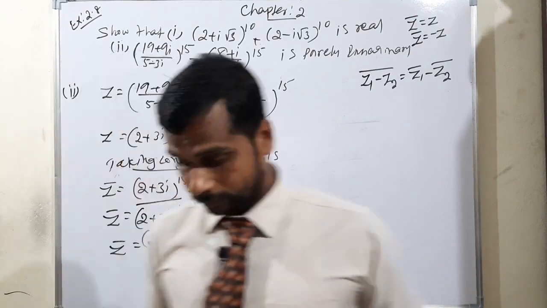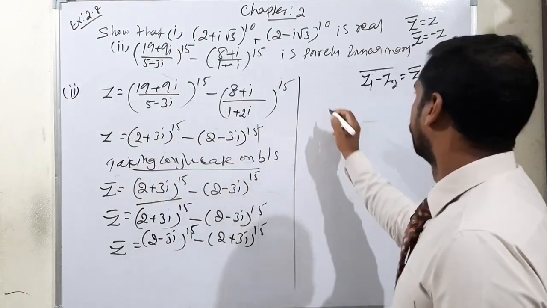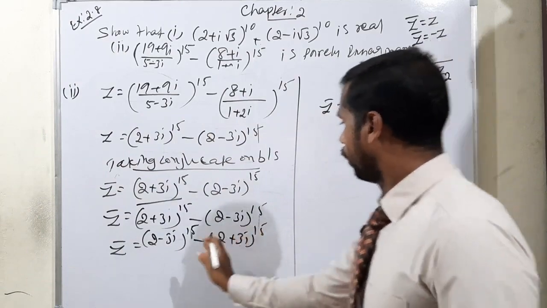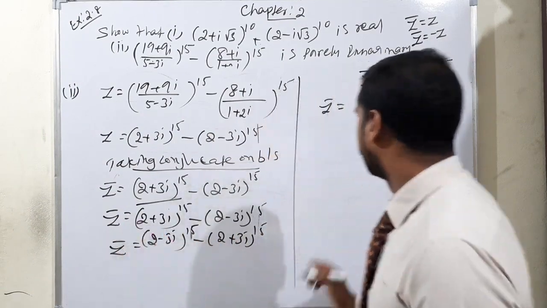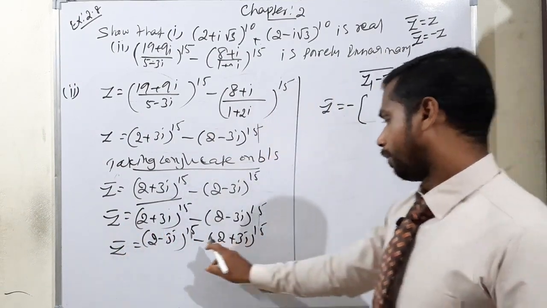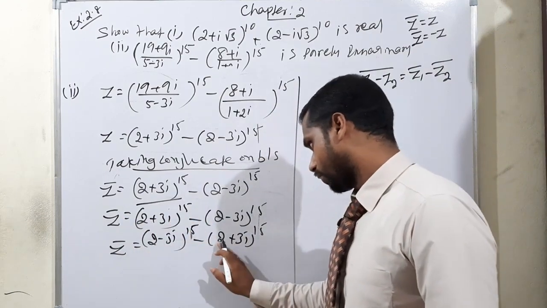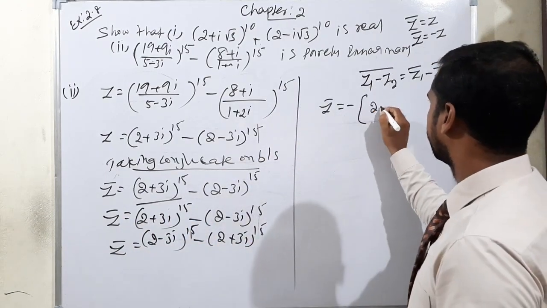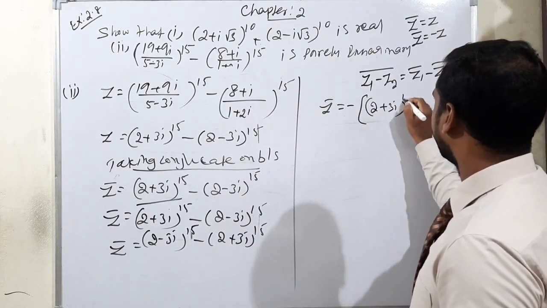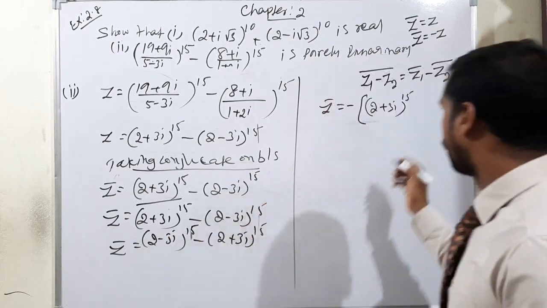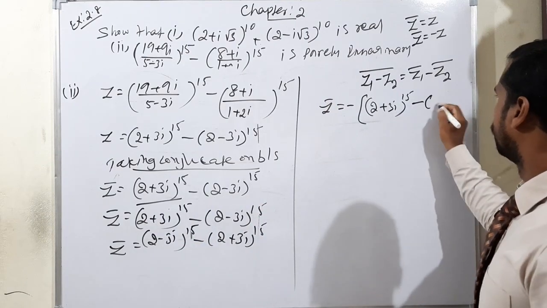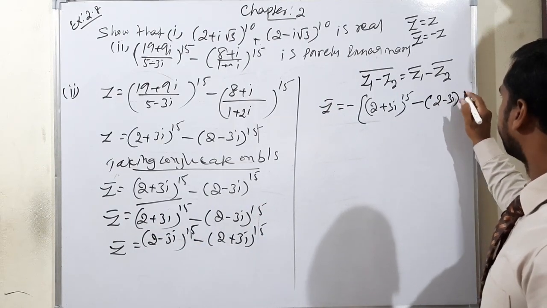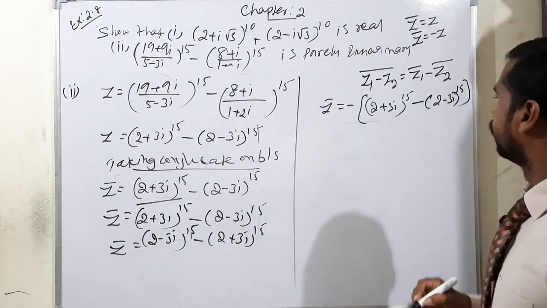Again, Z bar is equal to minus, take common outside, what will happen? Minus changes to positive. So first we write the positive term, 2 plus 3i the whole power 15. Plus sign means minus will come. Minus of 2 minus 3i the whole power 15.